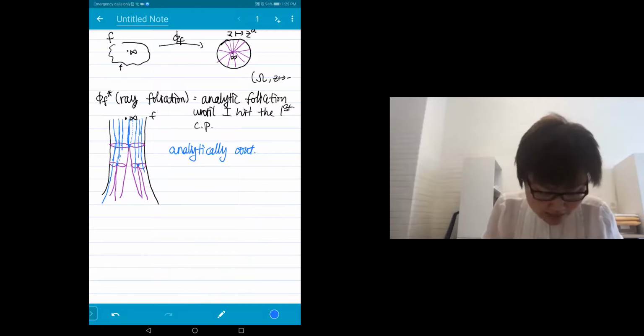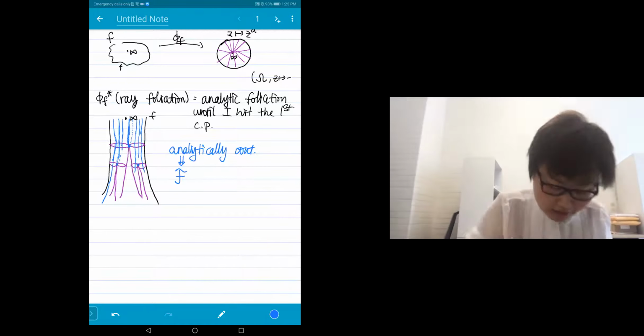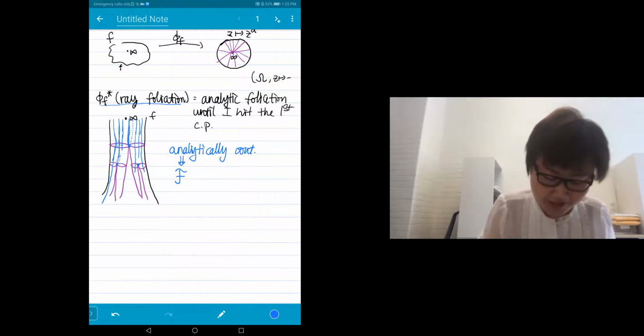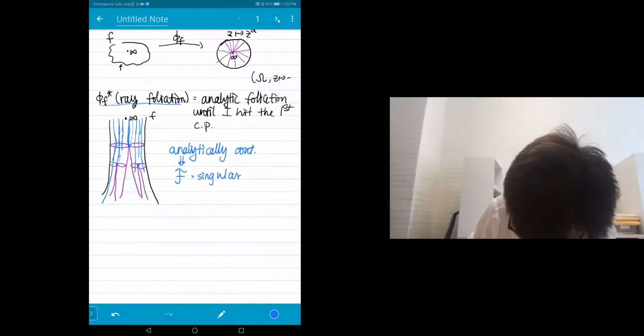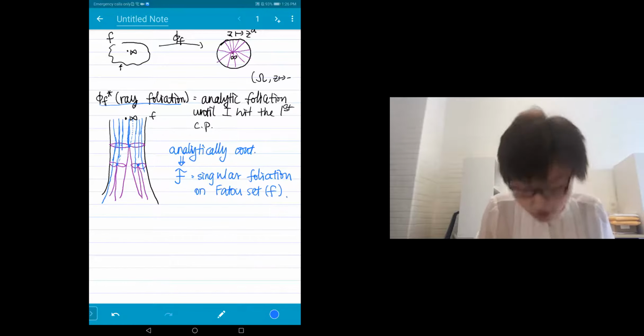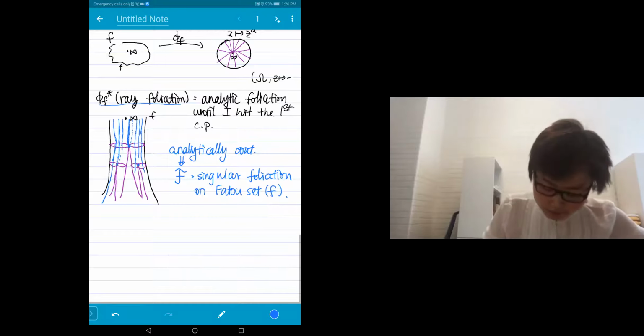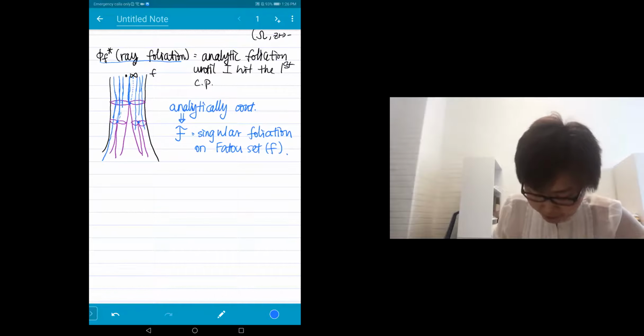So in this way, after I analytically continue this pullback foliation, I get, in the end, a singular foliation on the Fatou set of f, right? And so now I can construct what we call the Böttcher map.